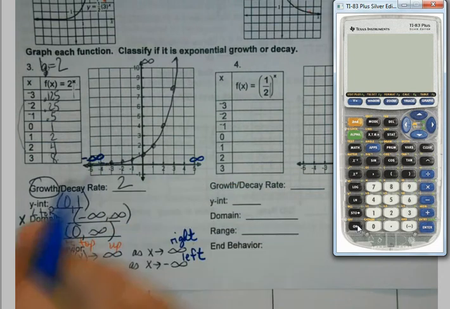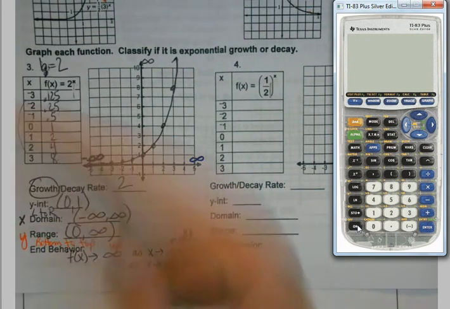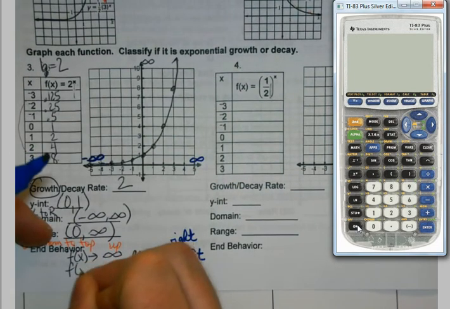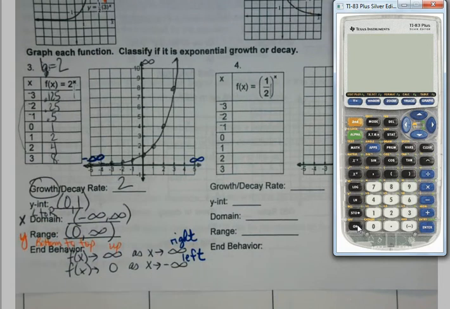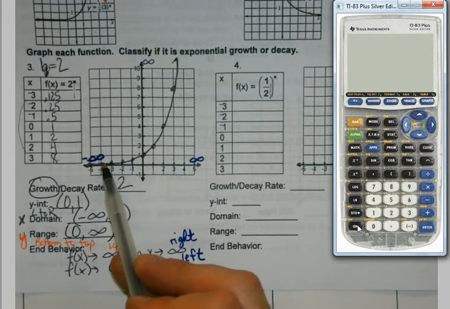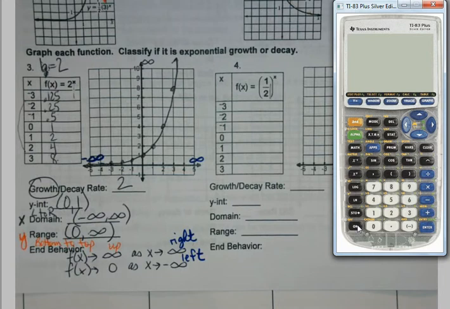Where's the wall at? 0. As x goes to the left, y approaches 0, or wherever my asymptote happens to be. That's the basics of growth and decay type functions. And whether it's growth or whether it's decay, it all works that same way.